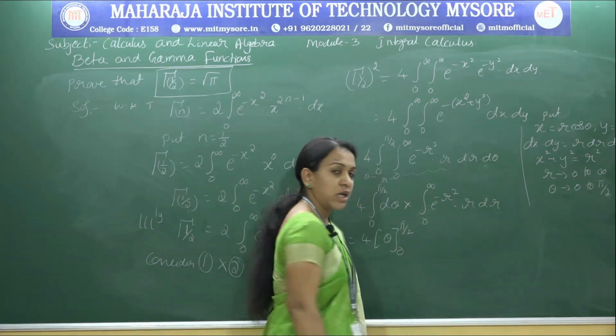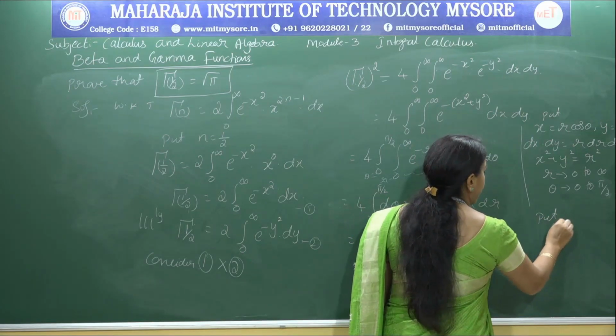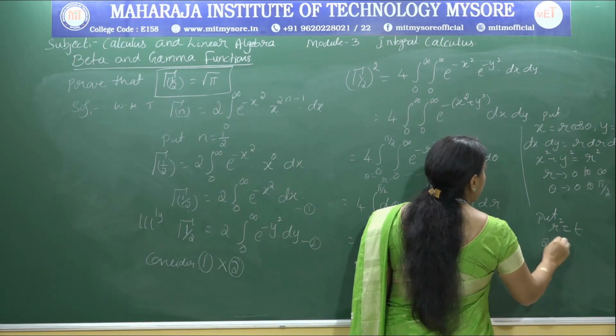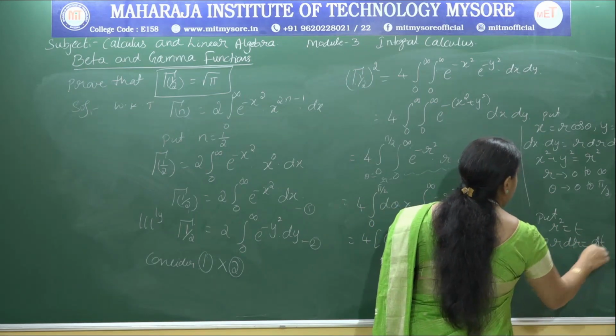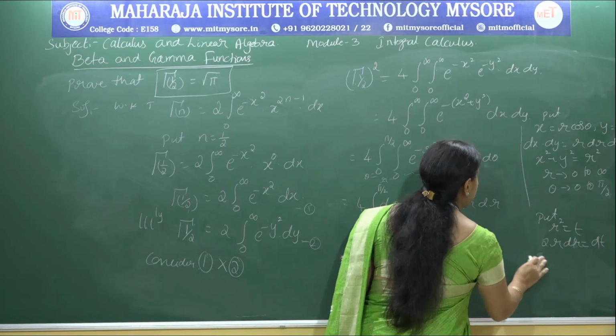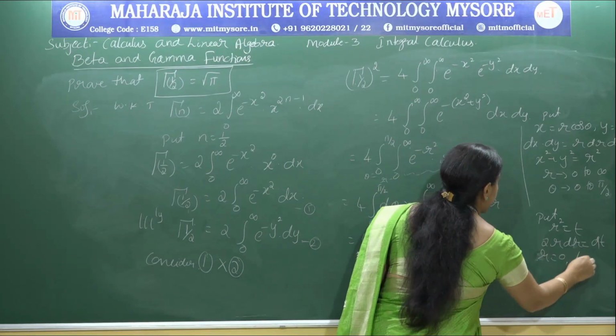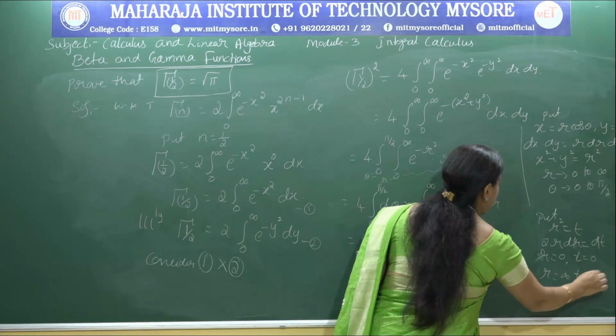And this can be evaluated again by substitution, that is, put r square equal to t, so that 2r dr is dt, right? If r equal to 0, t is also 0. If r equal to infinity, t is also infinity.